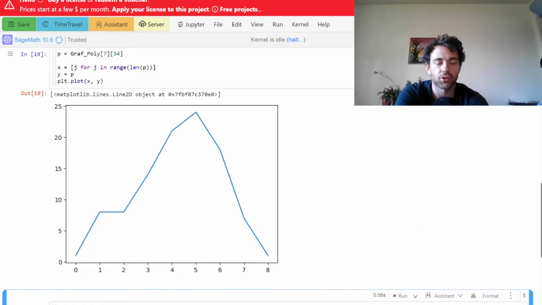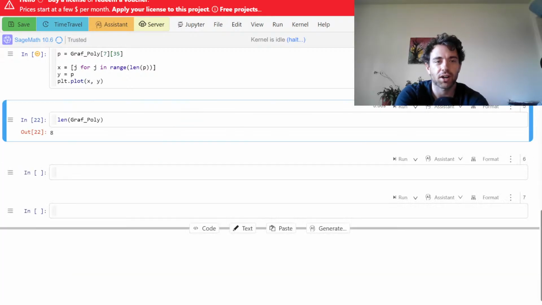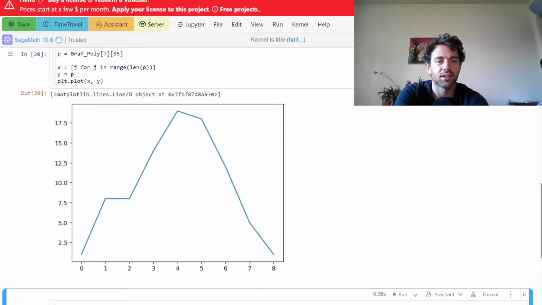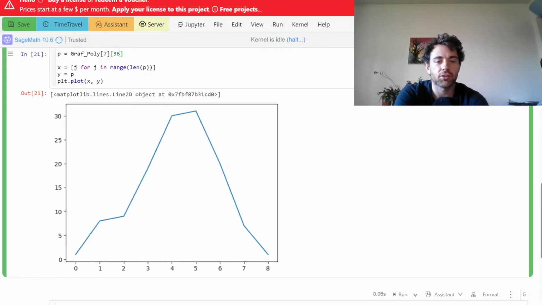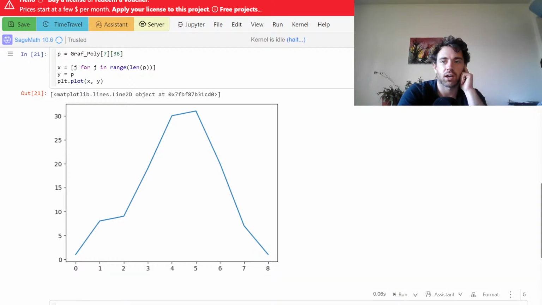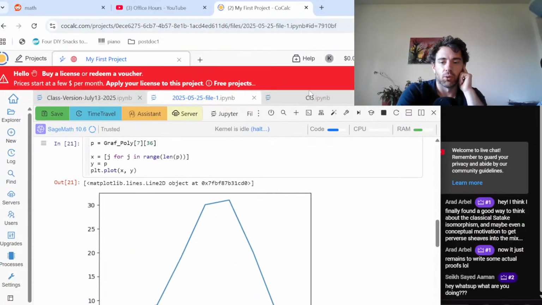If one could prove some theorem about the distribution over all graphs, it would be really interesting. But this could also just be an artifact of the fact that I have small orders of graphs.